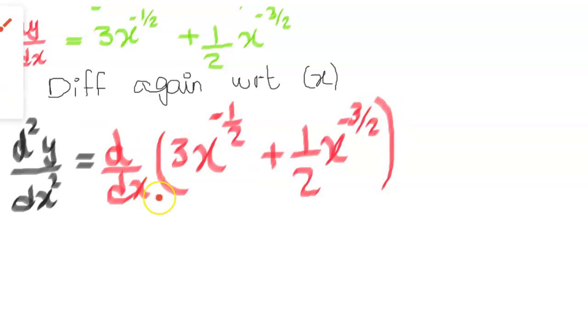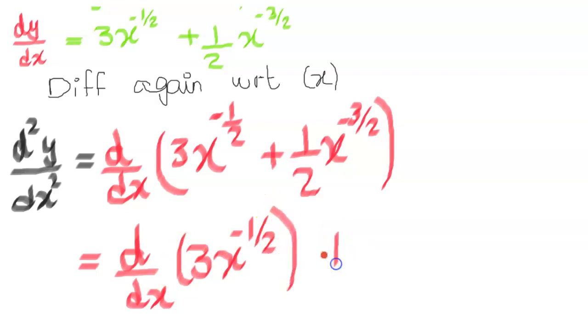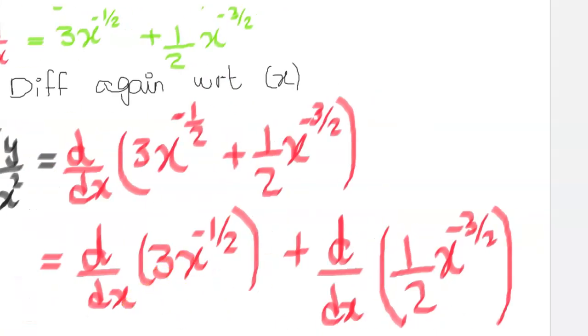Now we need to differentiate them separately. So d over dx of 3x to the minus half plus d over dx of half x to the minus 3 over 2. When I differentiate the first one, we know that 3 will come out, and you only need to differentiate the variable, which is x to the minus half.